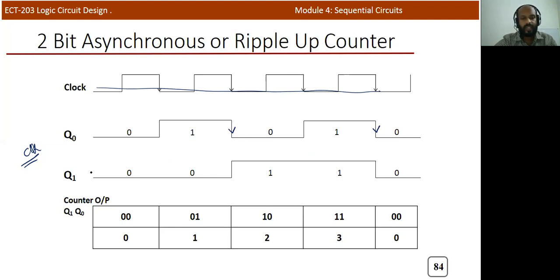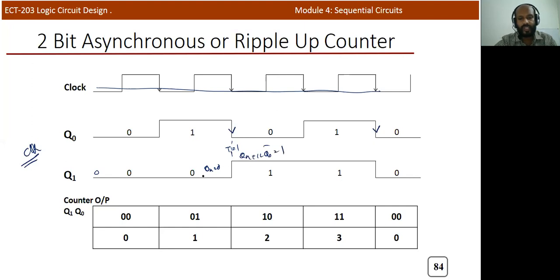Initially assume that Q0 is 0, it will continue in that state, and when it reaches the negative point or the falling edge of Q0, we know that T1 is equal to 1 and Qn is equal to 0. So Qn plus 1 will be Qn bar, which is equal to 1.